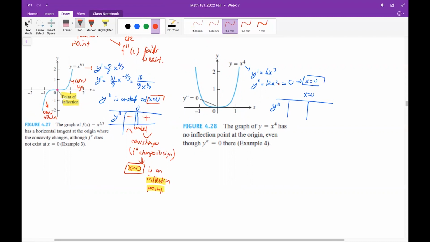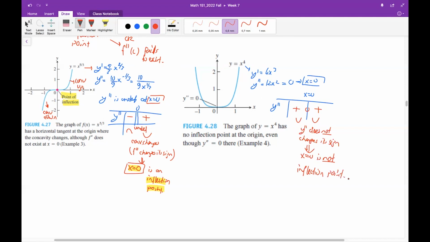Since you are taking a square here, no matter whether x is positive or negative, you will always get positive values. And here the second derivative is 0, so concavity doesn't change. It is concave up, and y double prime does not change its sign here. Concavity doesn't change, that's why x equals 0 is not an inflection point, although it makes the second derivative 0.